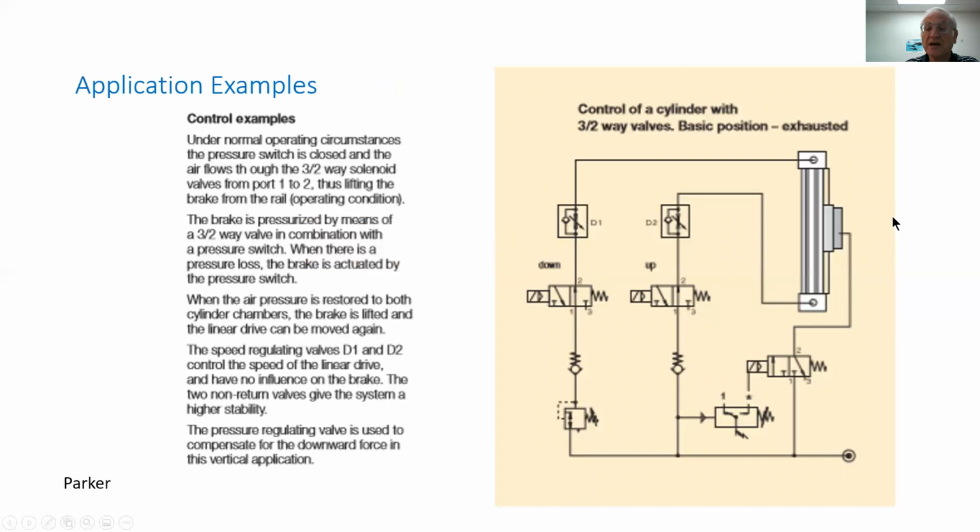Here we see another example of controlling, this is by Parker, controlling a cylinder in a vertical motion. So this here is a brake, and the brake is normally on when there's no system in a unit.